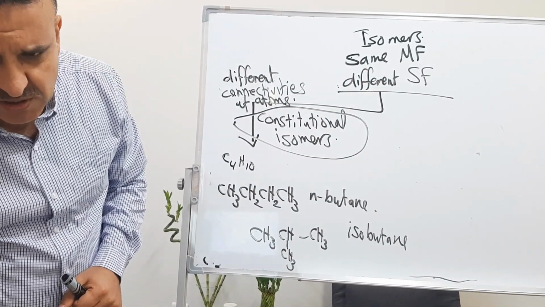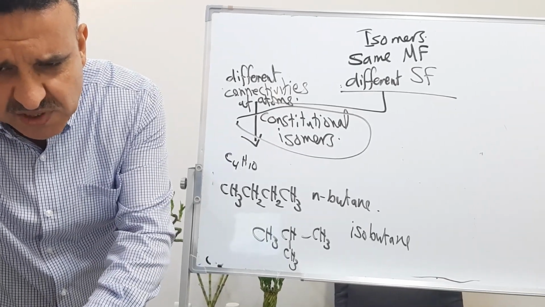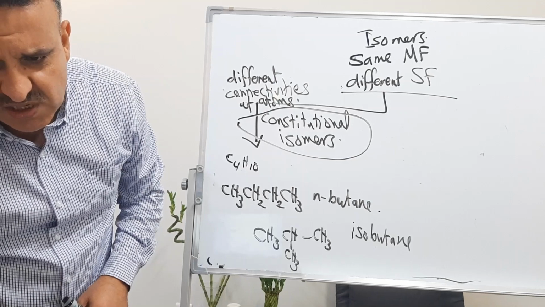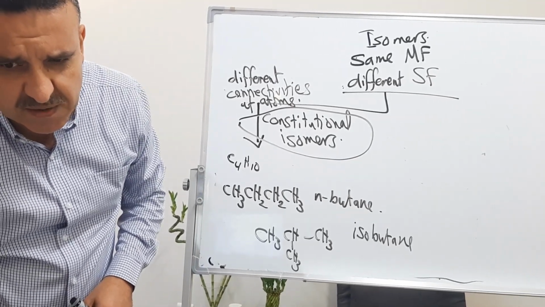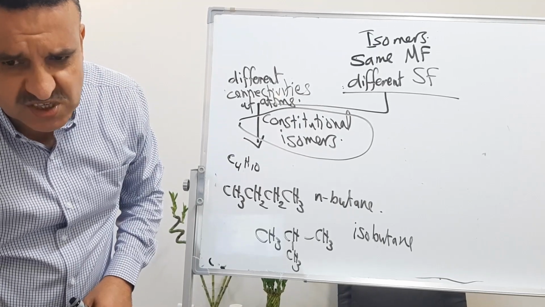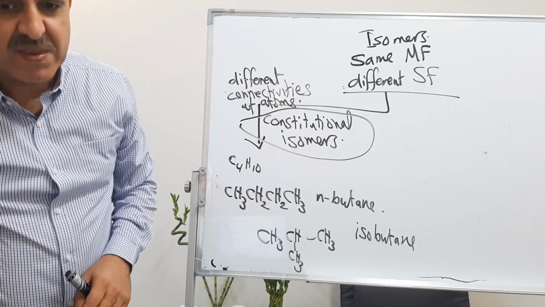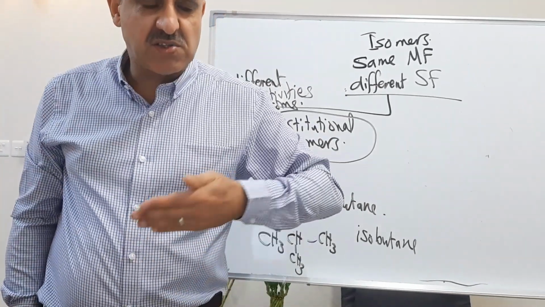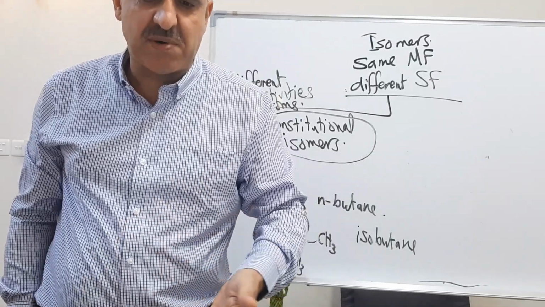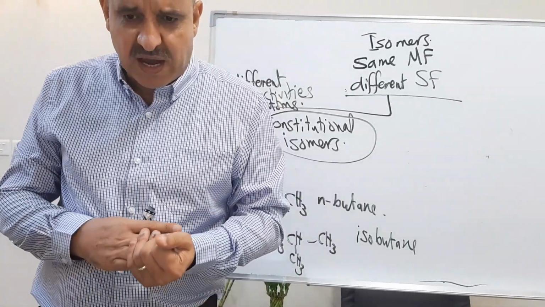So this is about the constitutional isomers, and as you can see, there are several examples. You have it in your slides. You can just check it out. Now, just look at this table, what you have in slide number 11. As you can see, as the number of carbons increases, the number of constitutional isomers we may draw for the same molecular formula gets higher.